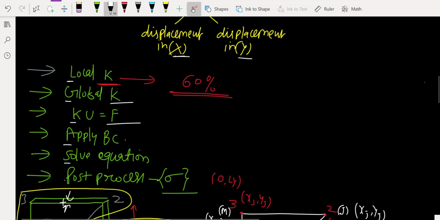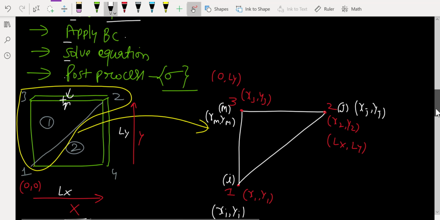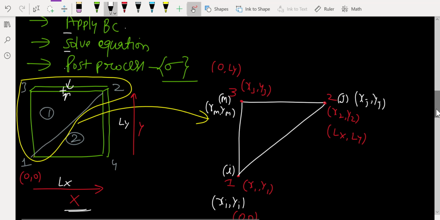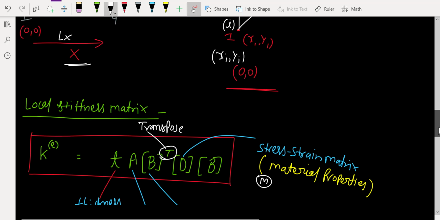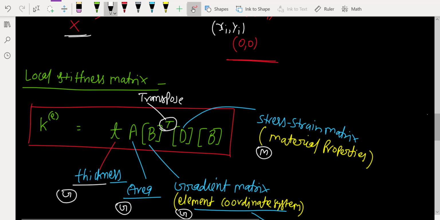So here we looked at how to form the local matrices, because we say 60% of your time will be focused on this local stiffness matrix. The local stiffness matrix is formulated using this formula where we have thickness, area, and the gradient matrix, which is dependent on the element coordinate system.